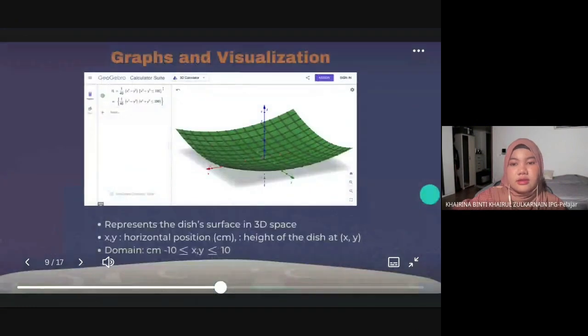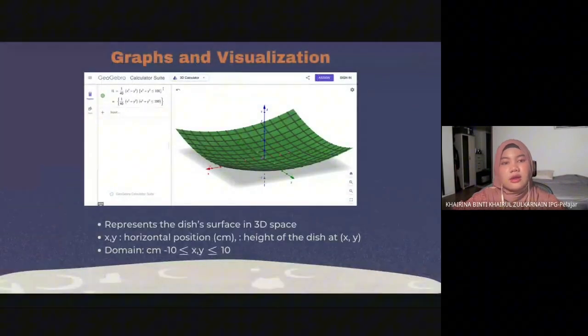When I use the GeoGebra 3D calculator and type in the input, the function that I just said, f(x,y) = 1/40 (x² + y²), and also the range, the model of the surface is built in the 3D calculator.